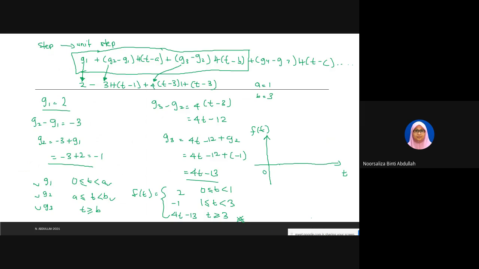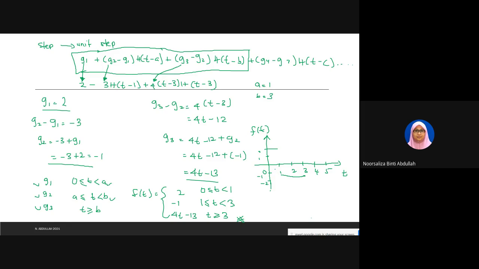This one 0, 1, 2, 3, 4, 5. Okay, 0 to 1 is 2. Then we have minus 1, minus 2, and so on. So from 1 to 3, minus 1. So from here to 3 is minus 1.